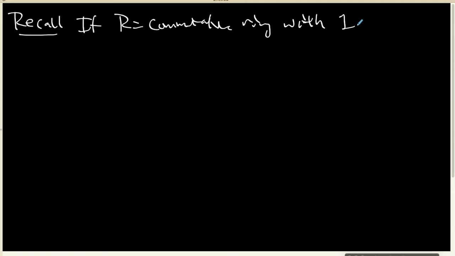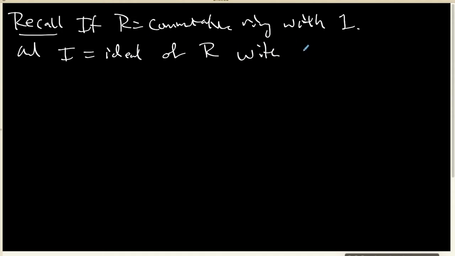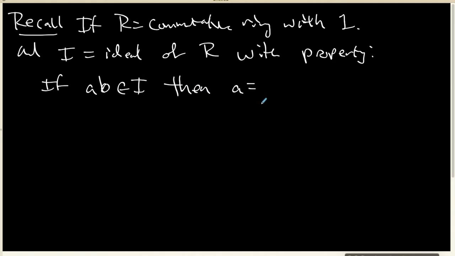If R is a commutative ring with an identity, and I is an ideal of R with this property, and this property said if a particular product belongs to the ideal, then either the first thing in the product belongs to the ideal, or the second thing belongs to the ideal.